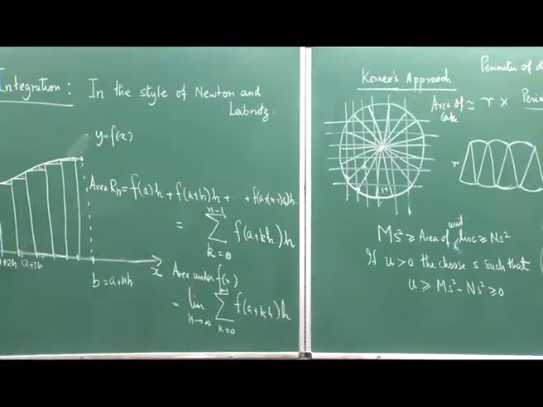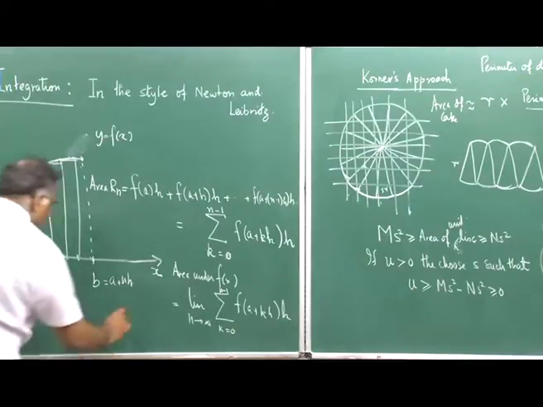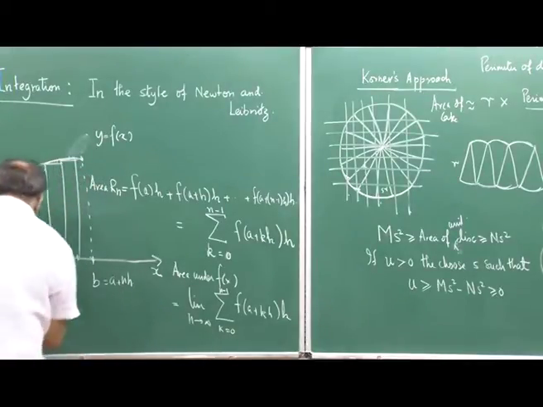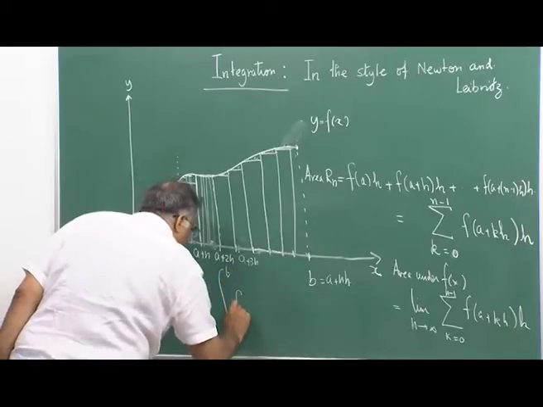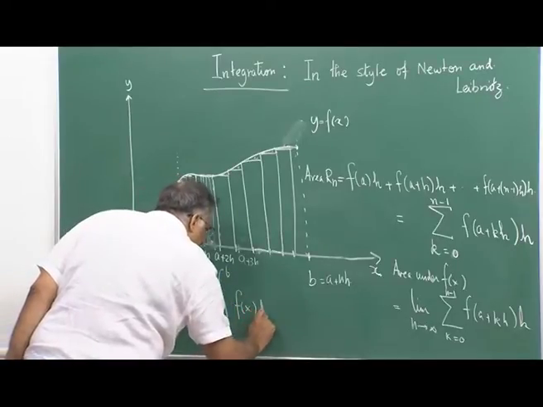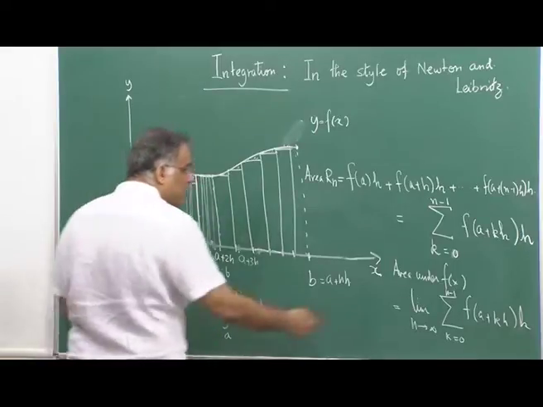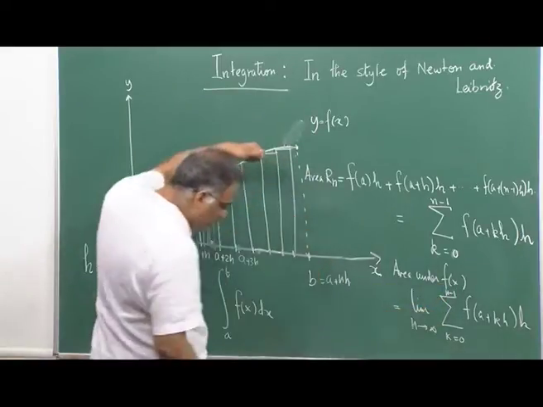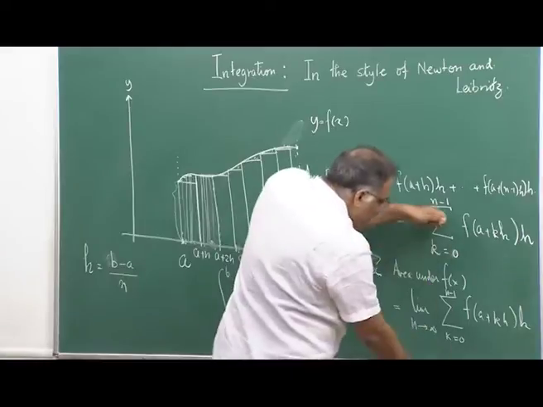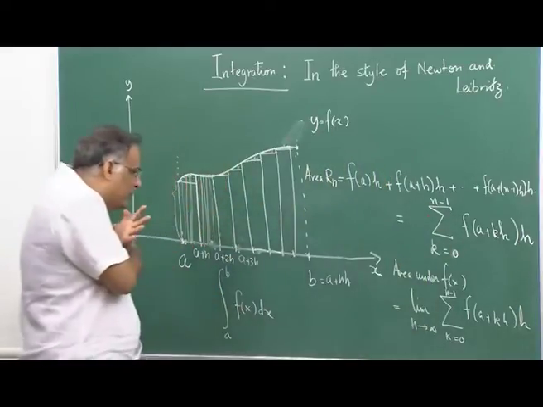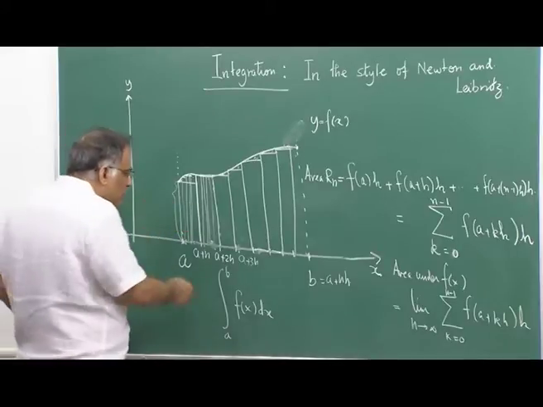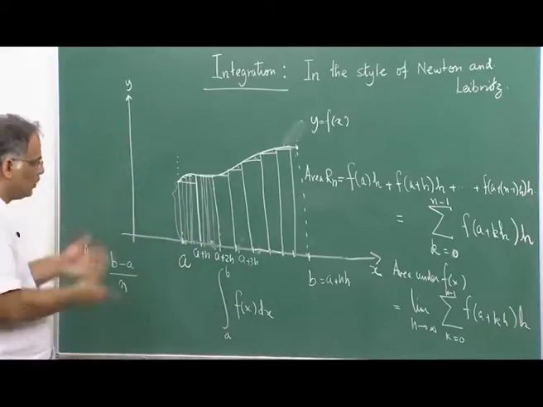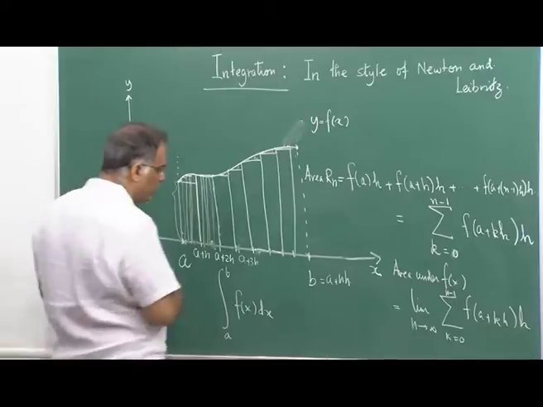And this limit is what we called the integral from a to b of f(x). So it is nothing but an extension of this sum. You are elongating the sum. Because n is now so large that there is no discreteness, it is almost a continuous sum. A continuous sum, the integral, will give you the area.